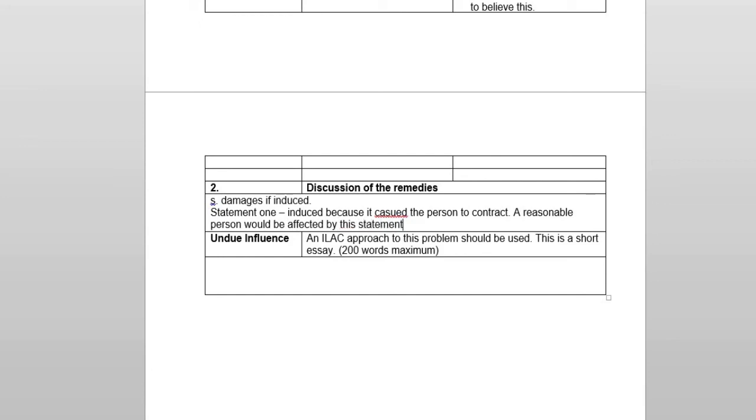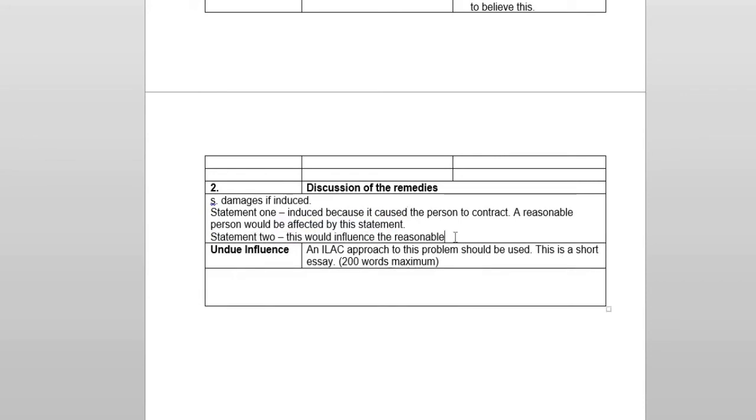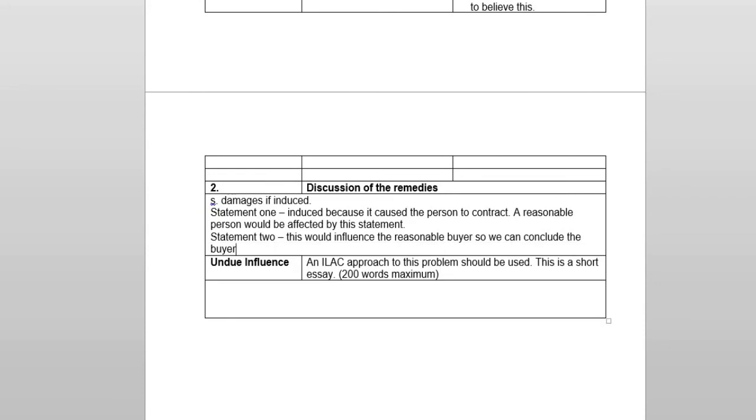So you're just considering, in the case of your particular facts, do you think this is a situation where a person will be influenced by the particular statement you've come up with, in which case they're induced? So for my statement 2, I'm just putting in here that this would influence the reasonable buyer, so we can conclude the buyer was influenced, was induced by the statement. Okay, that takes us through there.